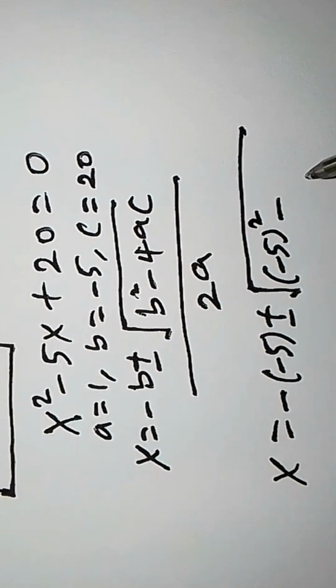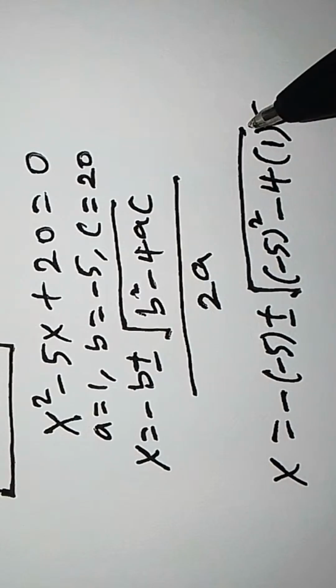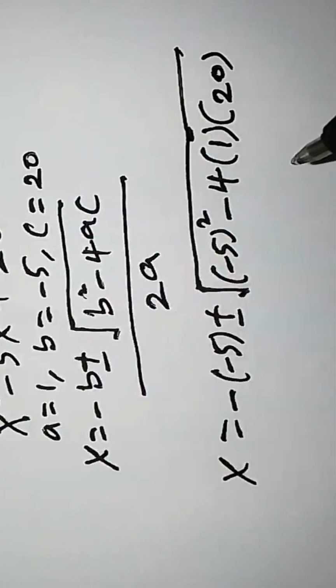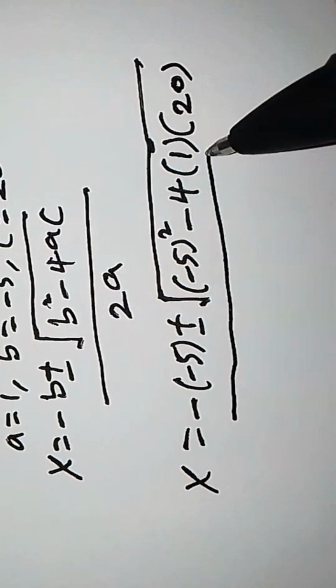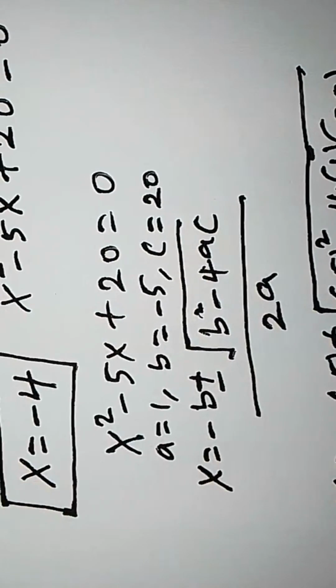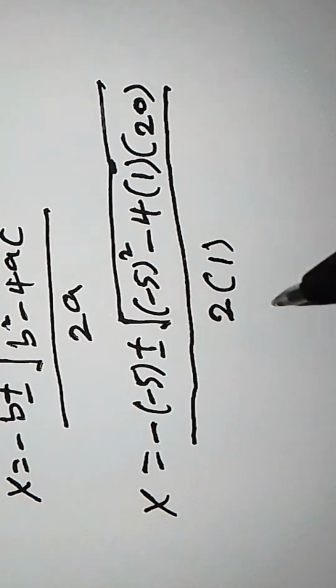minus 4 times, what is a? a is 1 times, what is c? c is 20. Everything divided by 2 times a. The value of a is 1. So we have 1 here.